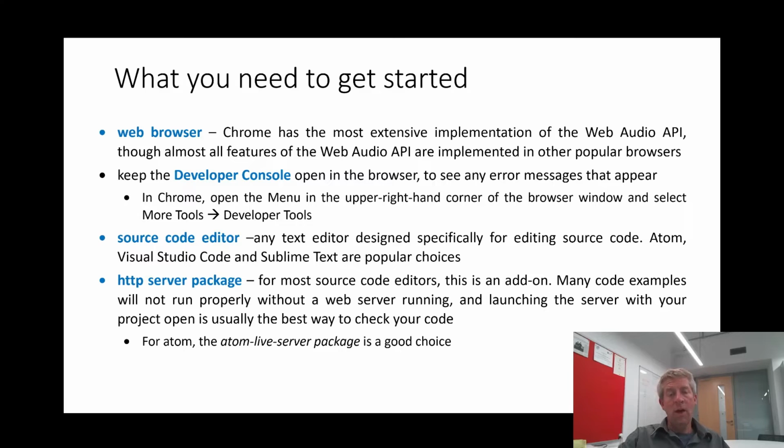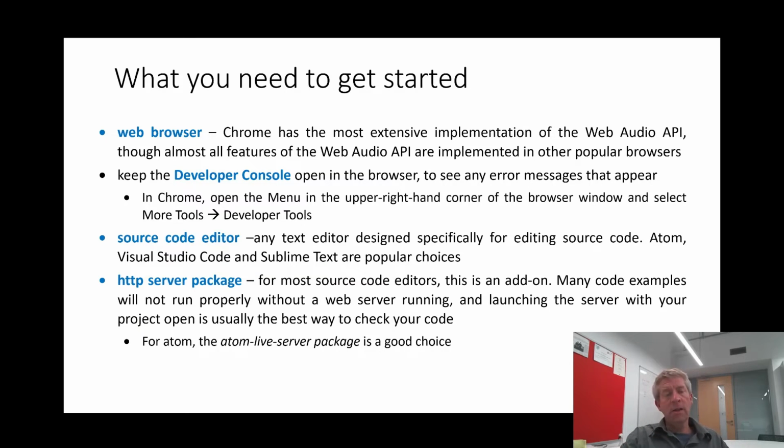You also need a source code editor. This is any text editor designed specifically for programming, for editing source code and HTML and so forth. Atom, Visual Studio, Sublime Text, there are many other popular choices. In these lectures, I will tend to use Atom. Sometimes, perhaps to show off another feature, I might use Visual Studio, but they're all fit for purpose.